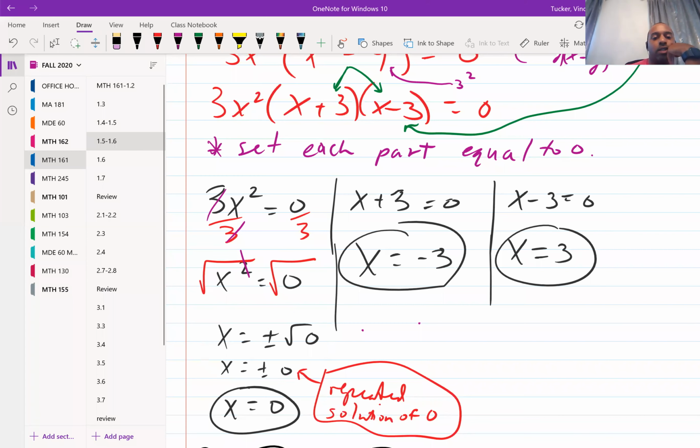But since it is 0, there's no such thing as a positive 0 or a negative 0, so the 0 is just one solution. But that's where all 4 solutions would be in this case. You have 0 twice, then -3 and +3. All right, any questions on that?